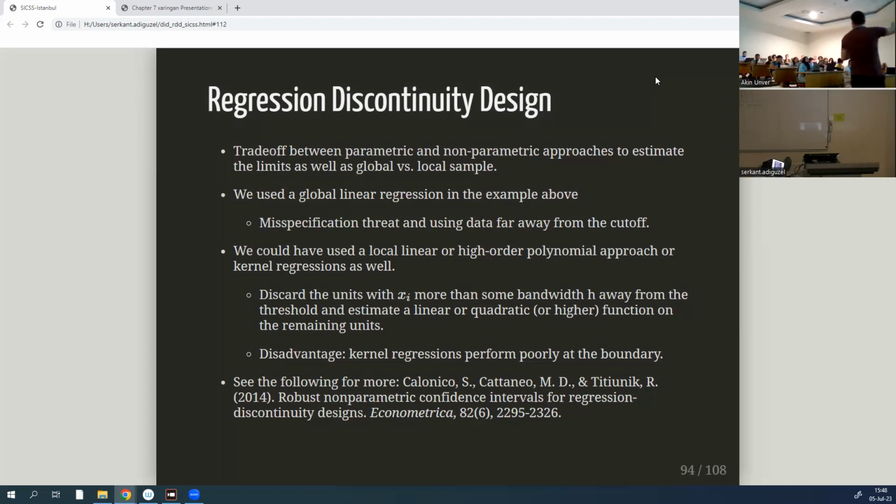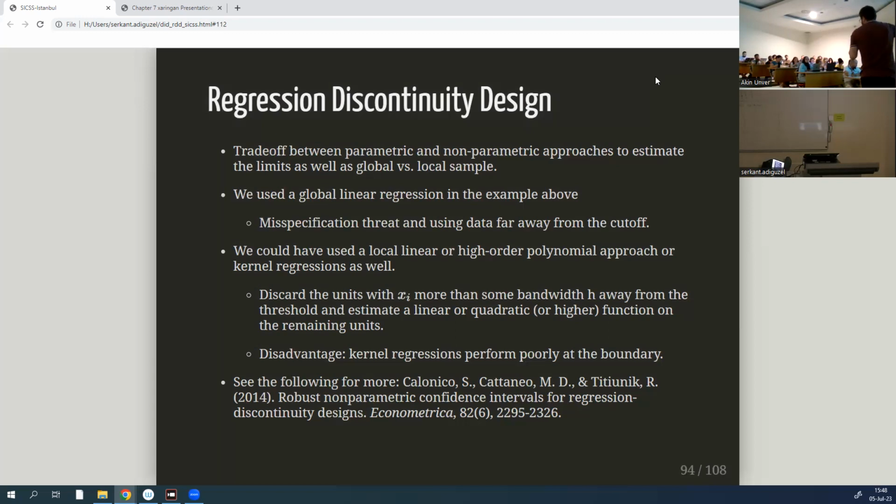The running variable is the variable around which there's a threshold. If there's an increase just below the threshold, that means they are manipulating it.